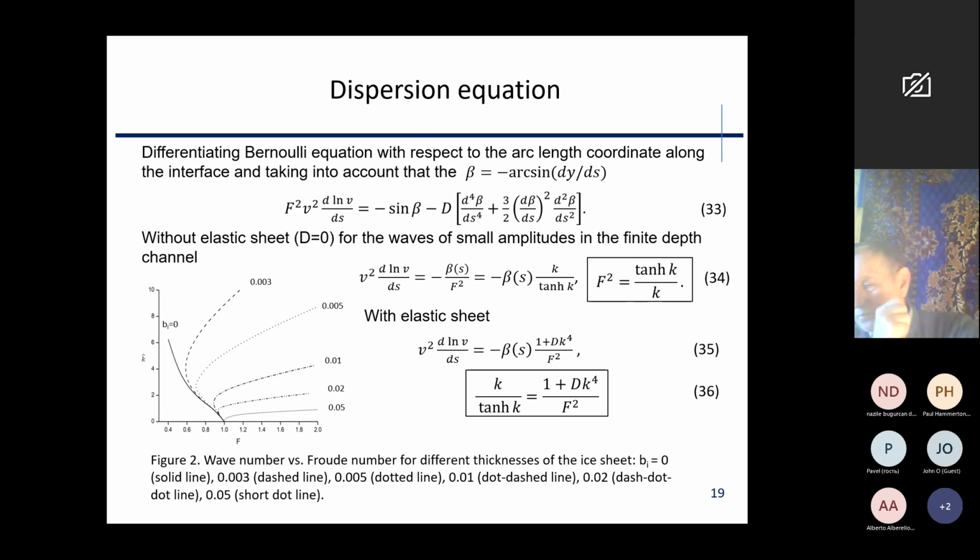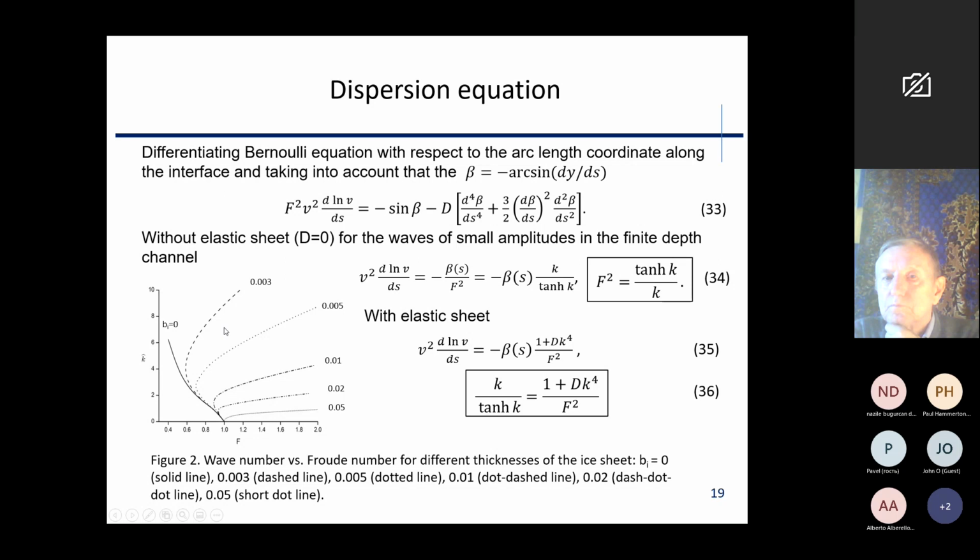We know that the Froude number equals the ratio of tangent hyperbolic k divided by k. So with the elastic sheet we have this formula, and now we can equate the right-hand sides and obtain the characteristic equation. This way does not require solving the linear problem. We can obtain the dispersion equation without solution of the linear problem.